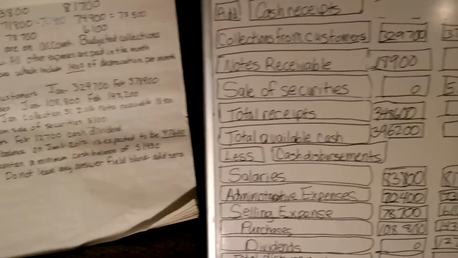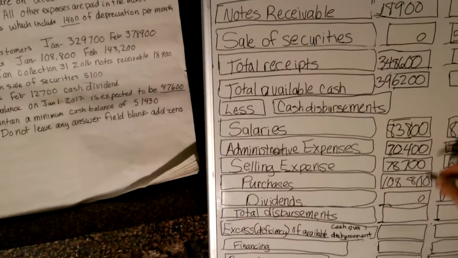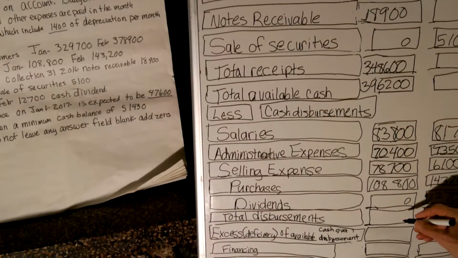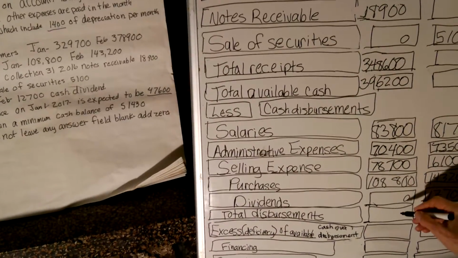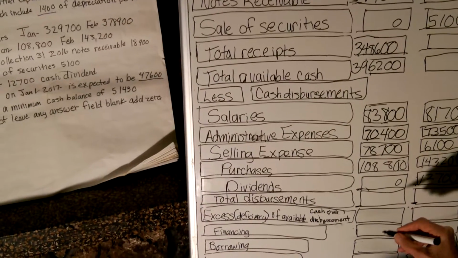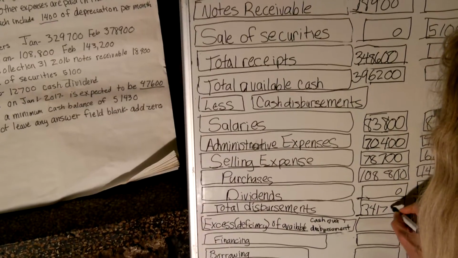Then we're going to come down here and add the total cash disbursements. And the total cash disbursements is 341,700.